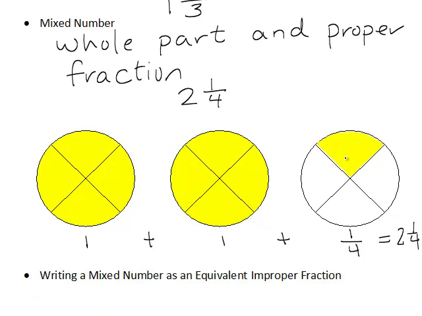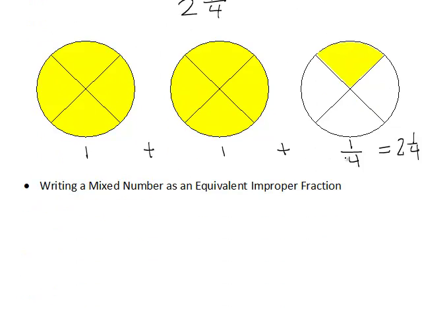We can write a mixed number as an equivalent improper fraction. Again, an improper fraction has a larger numerator than a denominator. Okay, so we cut each of these circles into 4 pieces. 1, 2, 3, 4. So our denominator is 4. That's how many we cut a single whole into. Now let's count how many parts are yellow. 1, 2, 3, 4, 5, 6, 7, 8, 9.